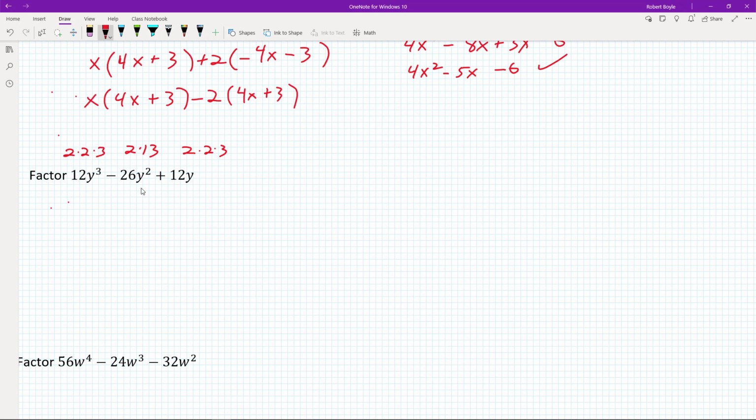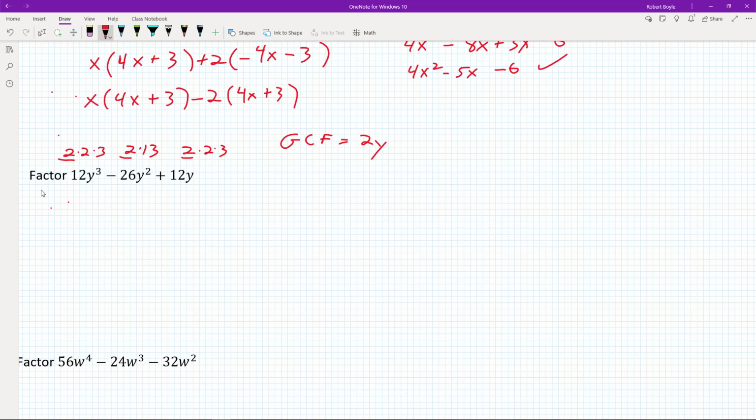Here we have a y, 2 y's, and 3 y's, so each one has at least a common y. So in that particular case, the greatest common factor is going to be all the prime factors that are in common. That's just 2, and then y. So the greatest common factor in this particular case is 2y.